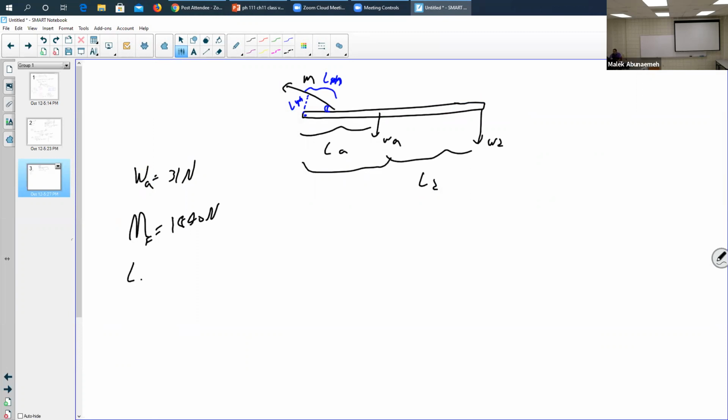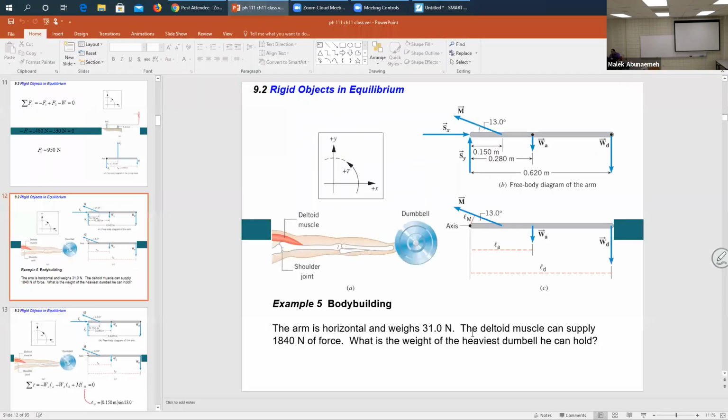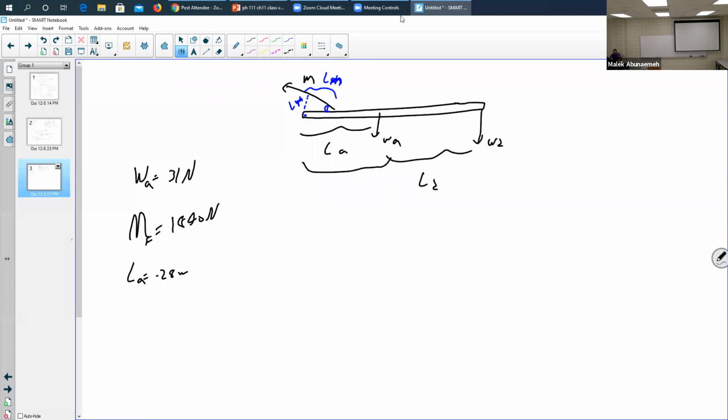Your distance from the arm to the shoulder is 0.28 meters. Your distance from the dumbbell to your shoulder is 0.62 meters. And the distance for big M is 0.15 meters.